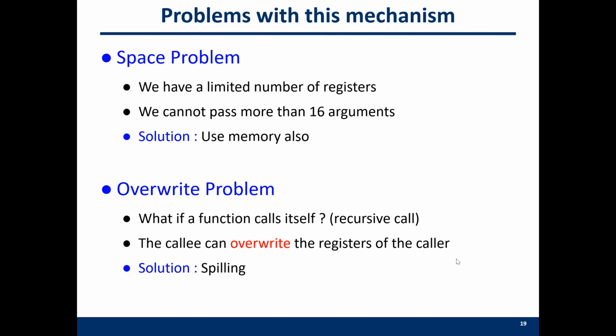Then you have to store the current value of the registers back to the main memory. So in order to make all the functions share the same set of registers, you need to frequently store the current data of the registers back to the memory, because on these machines, they have plenty of space in the memory.